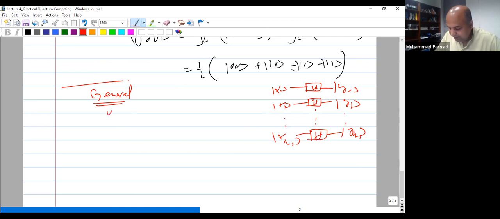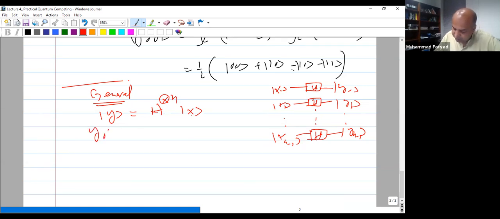So I can write it in symbolic form like this, which means that there is an n bit state x, and we act on it with n Hadamard gates, and we get an n bit output state.